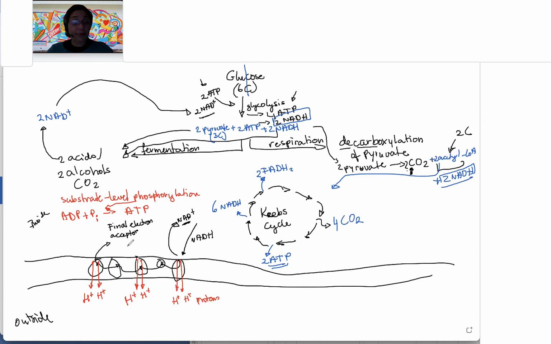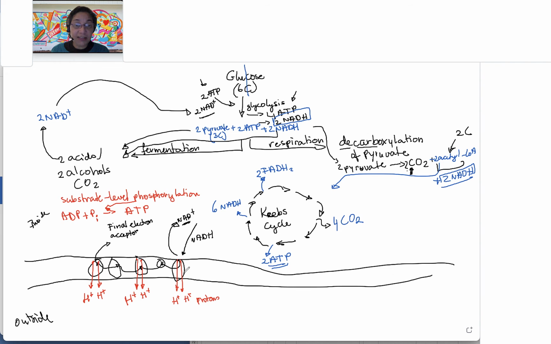Now, the other thing we need to know about electrons is that when molecules take on electrons, they become reduced. When they lose the electrons, they become oxidized. So each of these molecules is undergoing a reduction and then an oxidation, and a reduction and then an oxidation, right? So NADH is reduced. It gives off the electrons to this protein here. NADH becomes oxidized to NAD+.